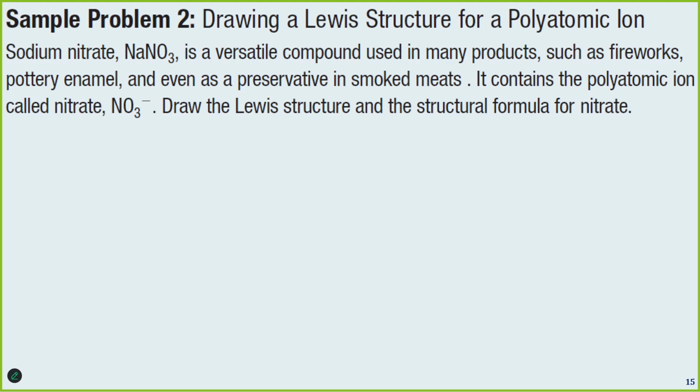Can you draw the Lewis structure and the structural formula for nitrate, NO3 with a one negative charge? Again, I'll give you some time to consider this problem by yourself, and then we'll have a look at the solution together, okay?